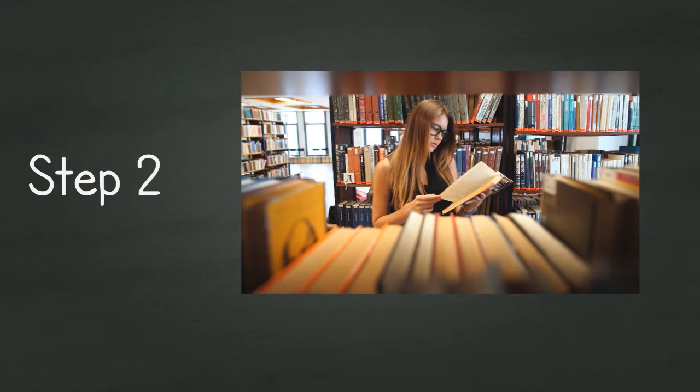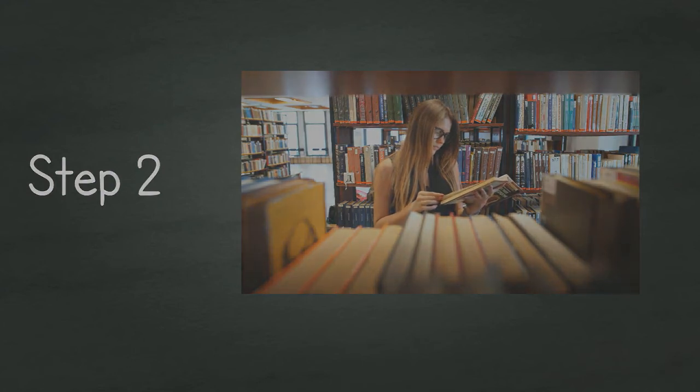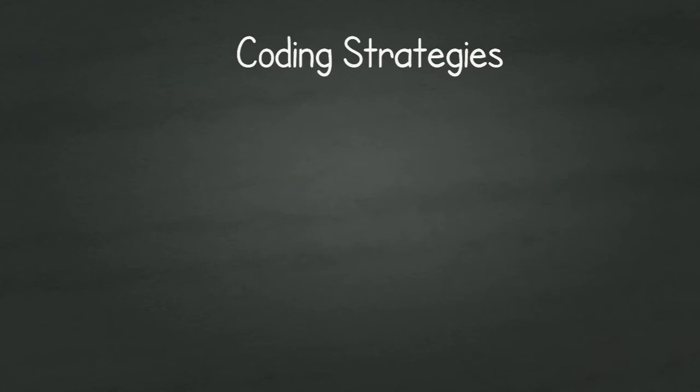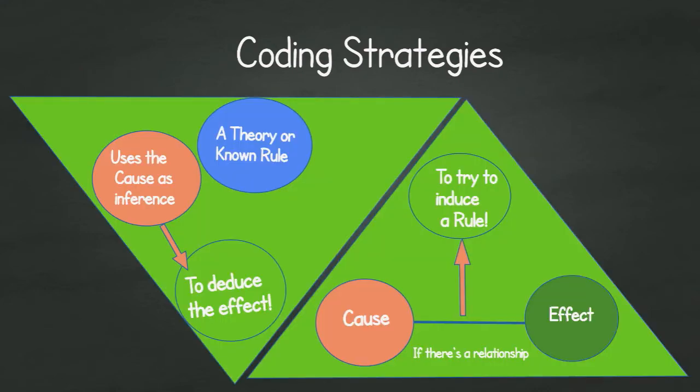This is where we're going to start thinking about how we're going to code. There are various ways of coding, and you can choose whichever one you want, but you may want to code from a top-down, a bottom-up, or a combination of lots of ways. So let's think about that right now. There are a lot of different ways to look at your codes.